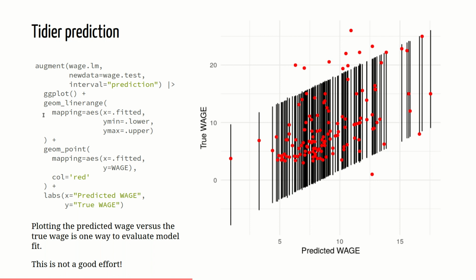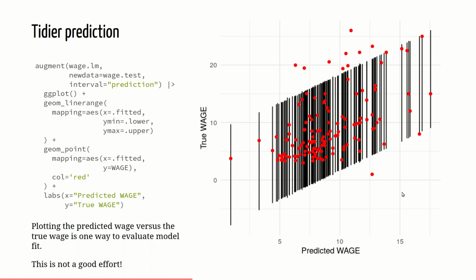I'm doing this with geom_linerange. geom_linerange takes an x, a ymin and a ymax, or a y, an xmin and an xmax if you're doing them horizontal instead of vertical. So in this case, for each fitted observation, I produce the range that we think is going to capture the true wage, and then I'm putting points on, which is the true wage and the predicted wage.